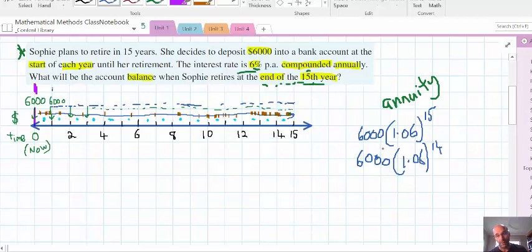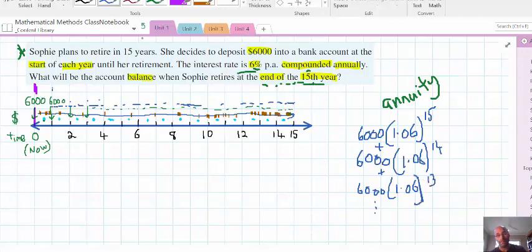Of course that'll be a slightly smaller amount of money. But these two are both adding to the value of the annuity at retirement. And of course that keeps going. There's another one and another one and another one. So the next one is 6,000 times 1.06 to the power 13.